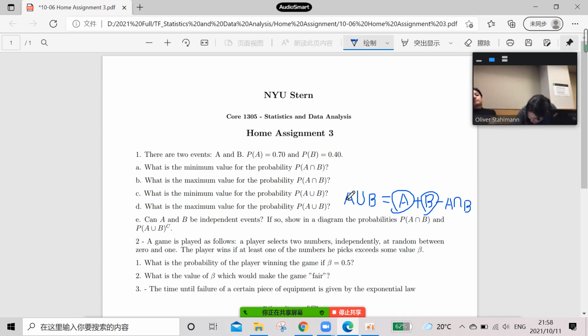So there are two things changing, A union B and A intersection B. Whenever I find the minimum value of A intersection B, that also means I find the maximum value of A union B, because the dynamic thing is only these two. Whenever one goes maximized, the other automatically goes minimized.